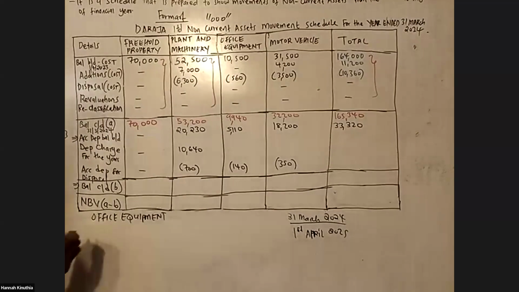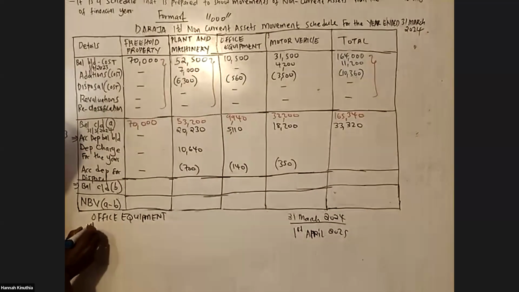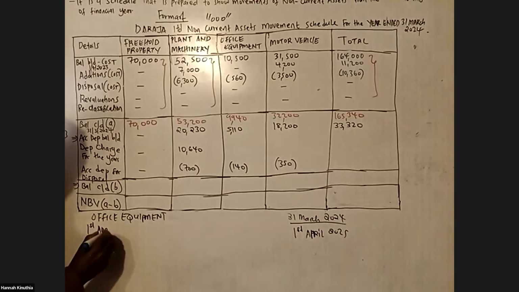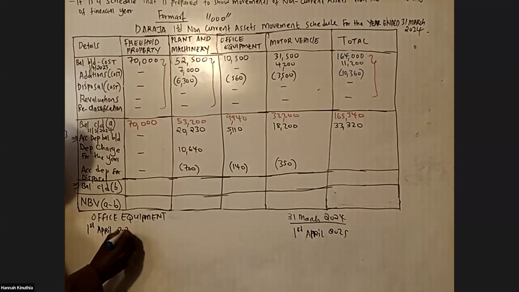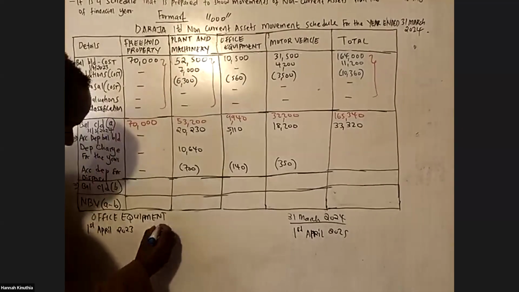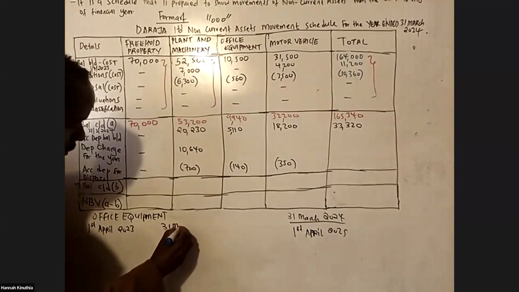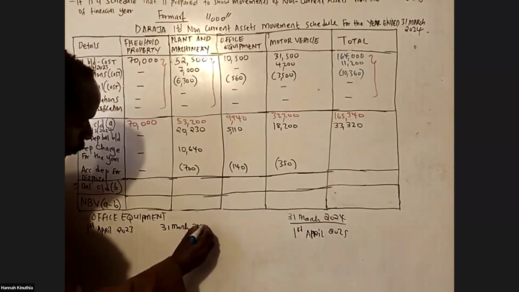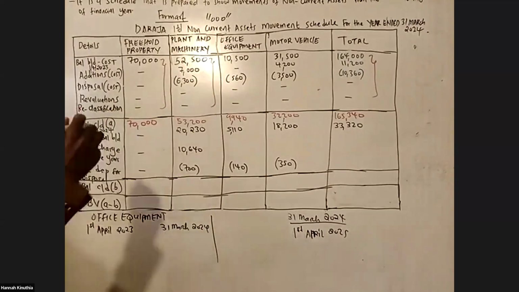Now, remember our year starts at 1st April 2023. Inaisha 31st March 2024. Now, let us start with calculating the depreciation for the first year.